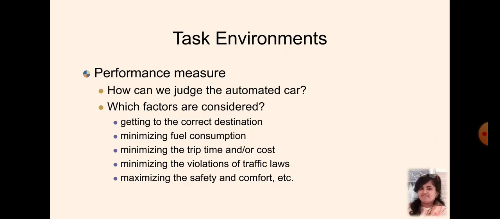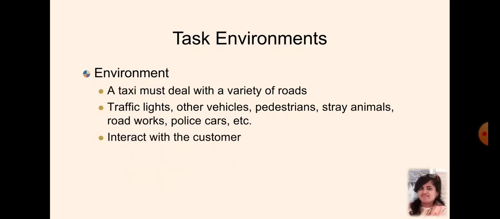There can be several factors, but currently we are considering 5 factors: getting to the correct destination, minimizing the fuel consumption, minimizing the trip time and cost, minimizing the violations of traffic lights and traffic laws, and maximizing safety and comfort. These are the main 5 factors that need to be considered while measuring the performance.